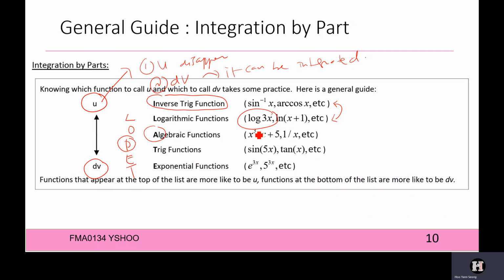But our polynomial x cubed, compared with our trigonometry, both can be differentiated and both can be integrated. So with these two combined, why do we choose u as the polynomial? The main reason is when we have x cubed, differentiating one time gives 3x squared, another time gives 6x, then differentiating again you get 6.